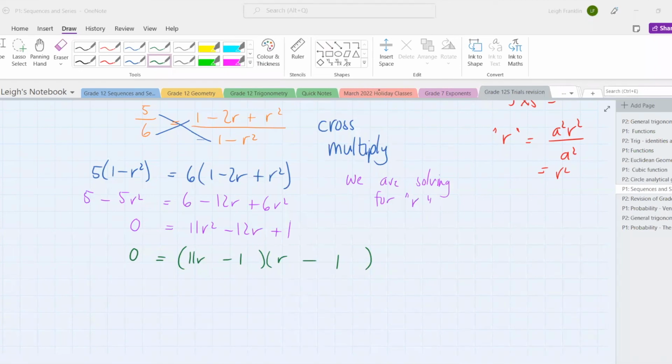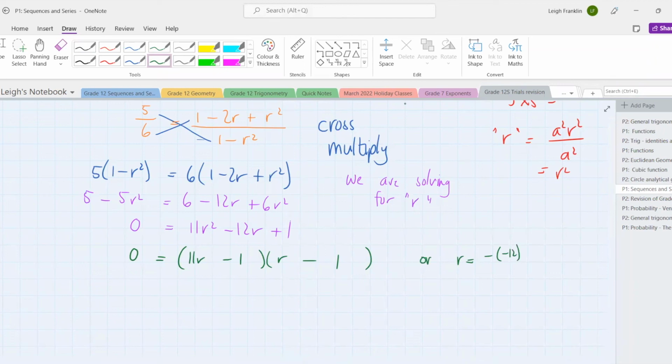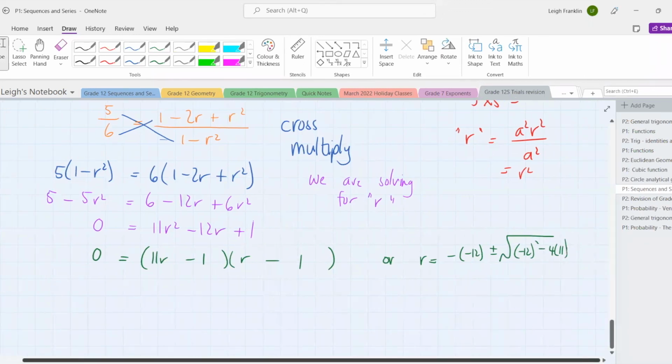So our alternative here is to say r is equal to negative b plus or minus the square root of b squared minus 4ac, all over 2a. Am I going to run out of space? Hang on one second.